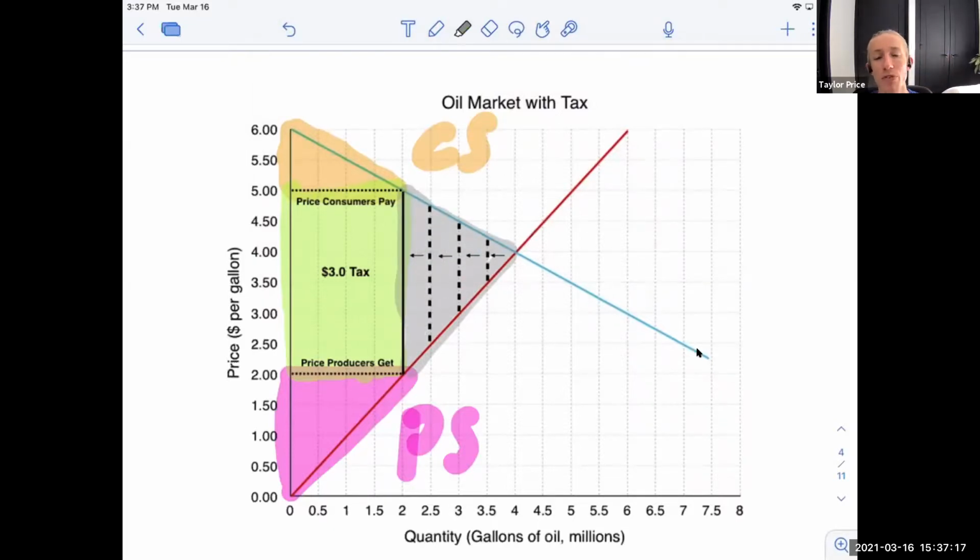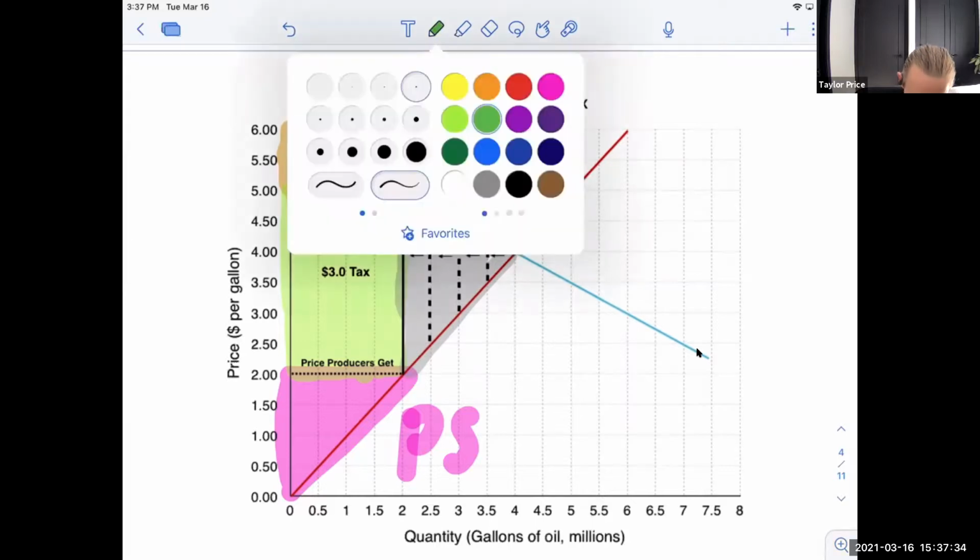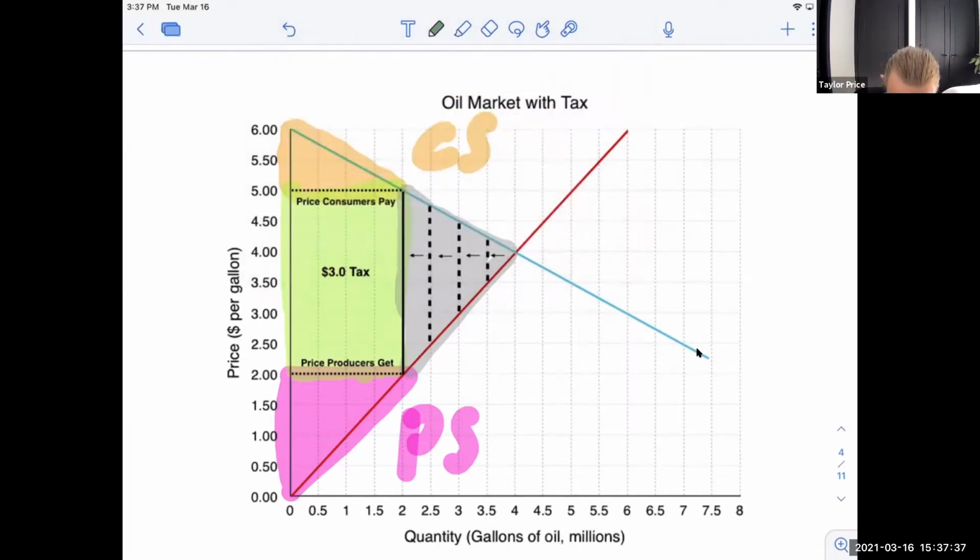So this is a type of tax question that you could see on the exam, and it would be reasonable for them to ask you, what is the consumer surplus after tax, producer surplus, tax revenue, and deadweight loss. So I'll calculate deadweight loss because I had some questions on that.